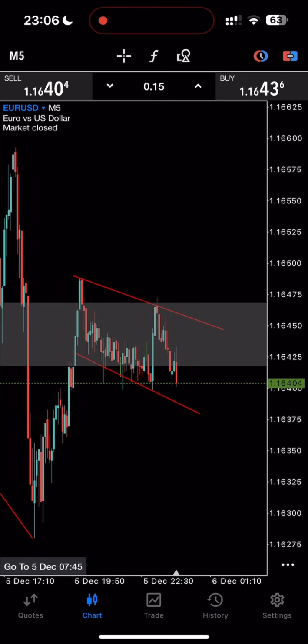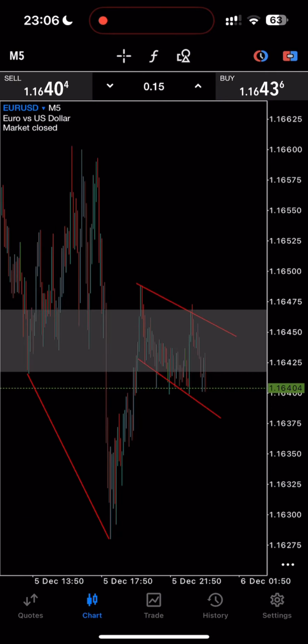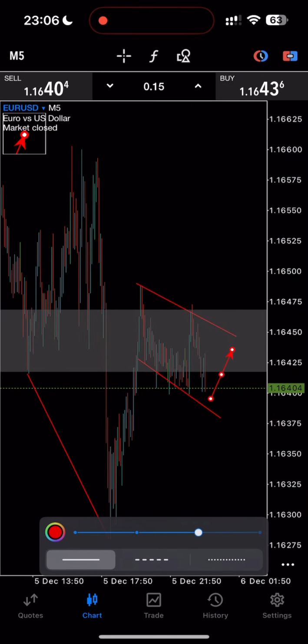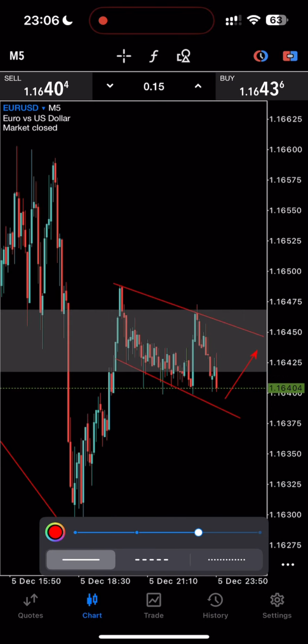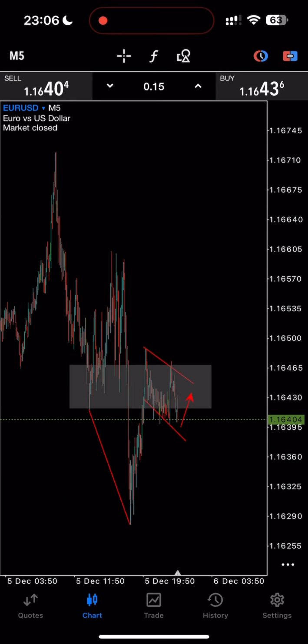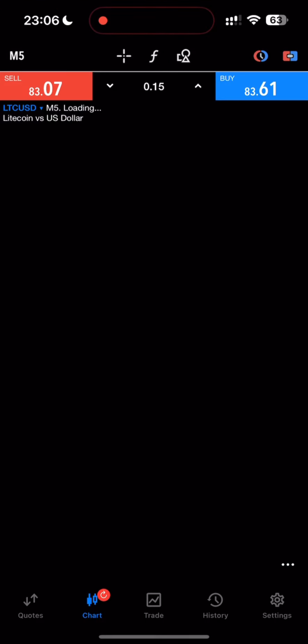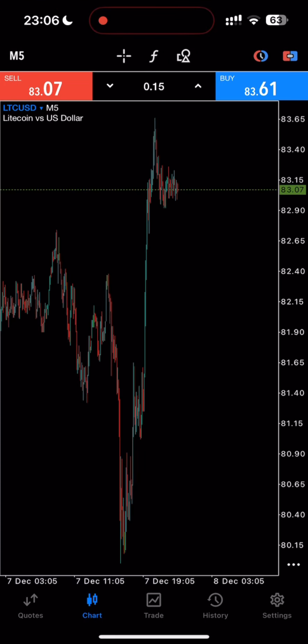Since I'm in minute 15, it means that for most minutes it's going to be making this area its whole playground for a while, doing consolidation and whatnot. So right now we've got a descending channel. Since it's a bullish flag, it has got a descending channel, so that means that our trend lines are parallel facing downwards. With that information, I've set it to go up because I know it will play in those areas.